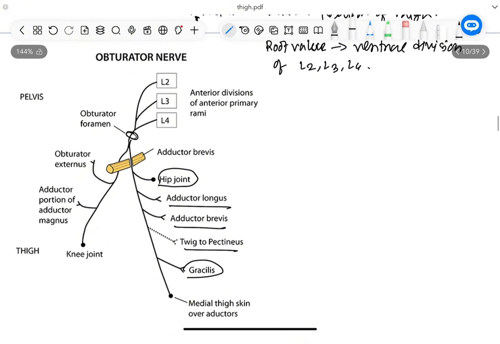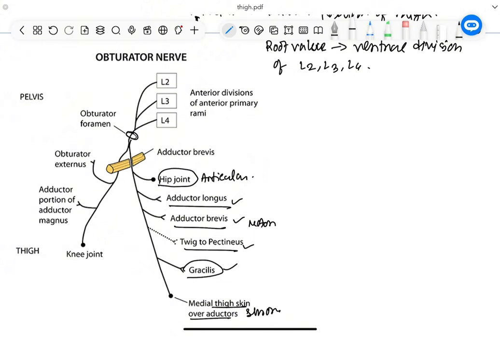Gracilis also will be supplied, and the medial aspect of the thigh skin also will be supplied. So, the anterior division passes downwards and supplies the muscles. Muscular branches will be supplied to the longus, brevis, pectineus and gracilis. Articular branch will be supplied to the hip joint area, and this is the sensory supply. So, these are the motor, sensory and articular branches.